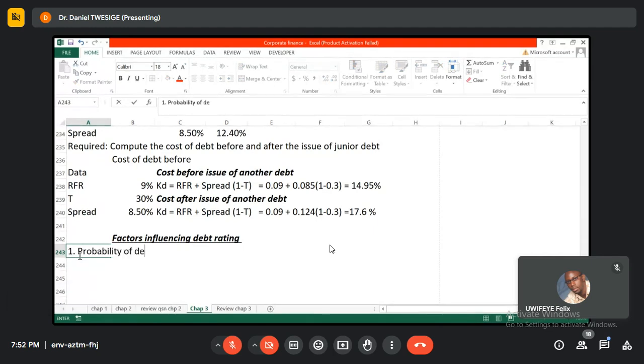We have already said the higher the default, the higher the risk, or the higher the spread.